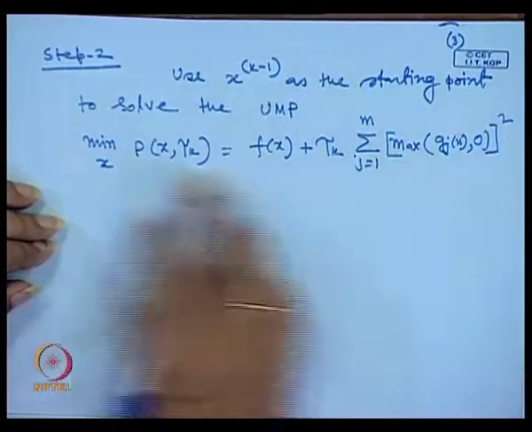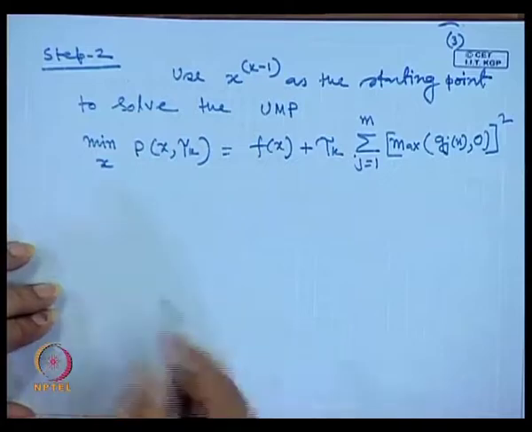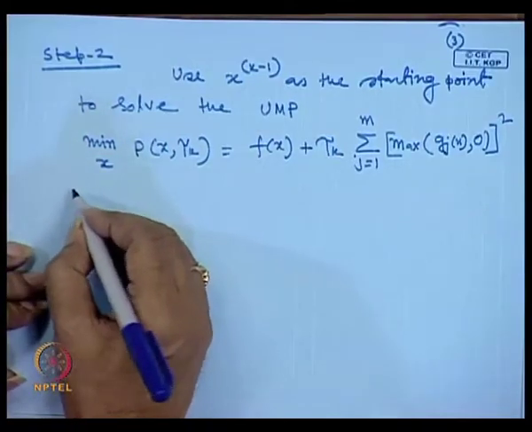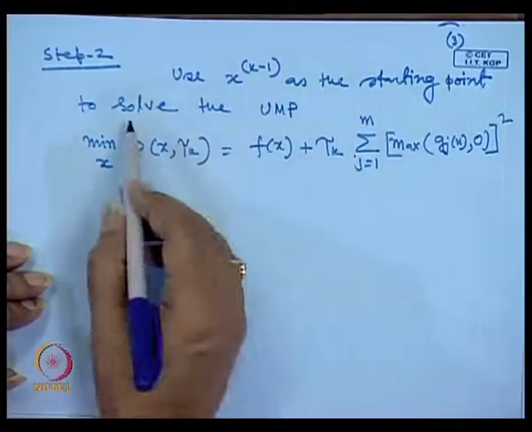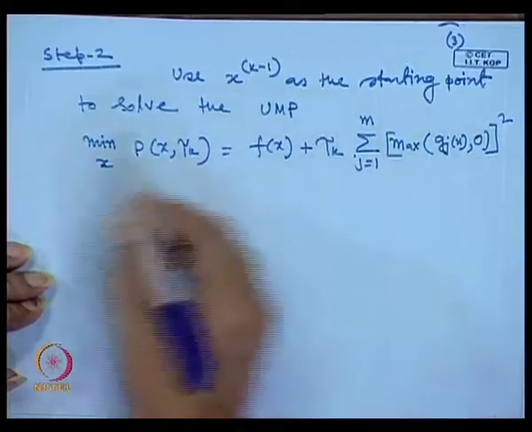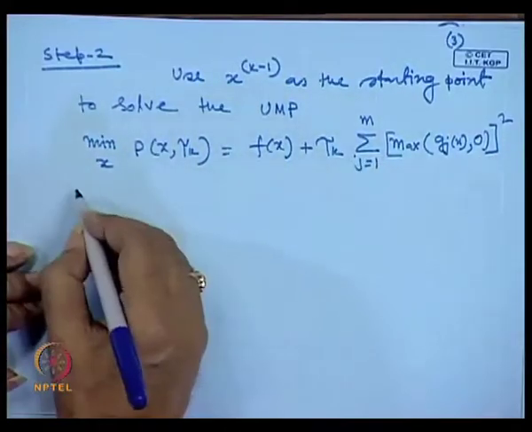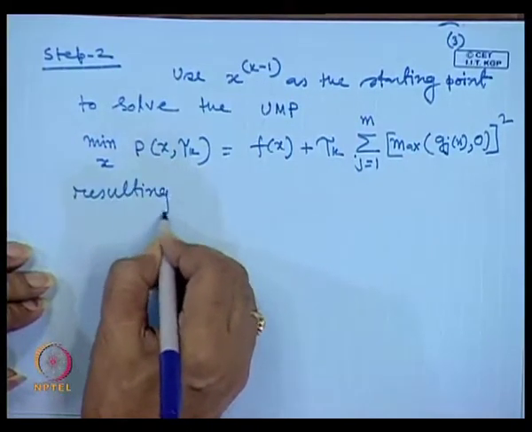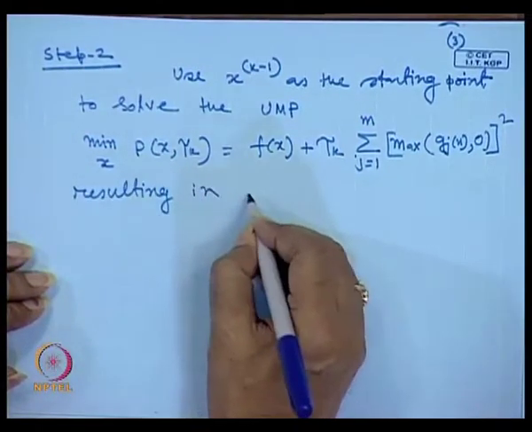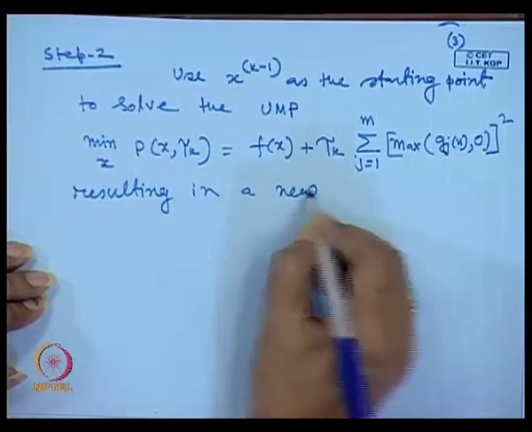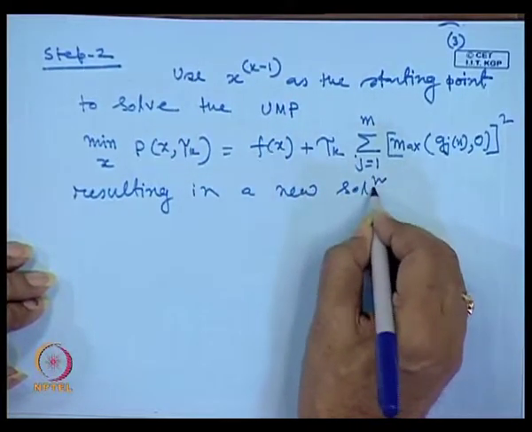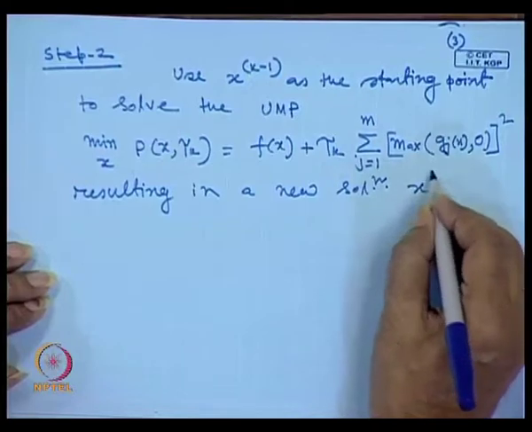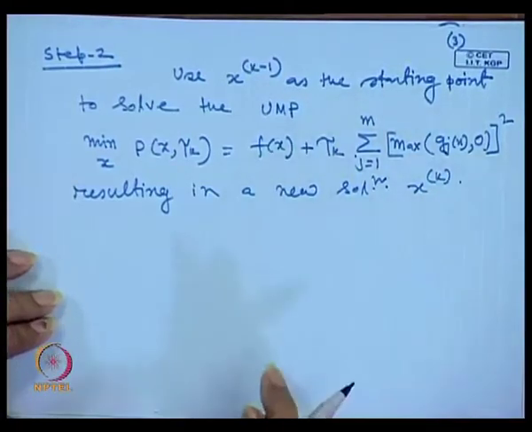This is the objective function to minimize. Solving this optimization problem results in a new solution, let us call it x superscript k.